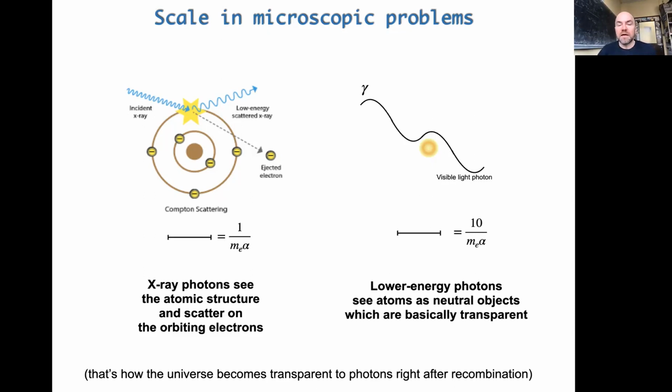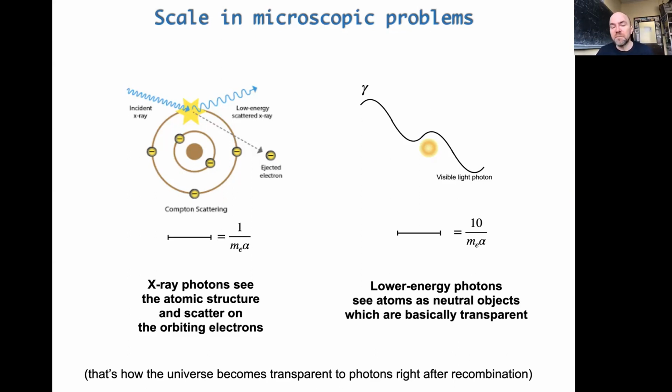So depending on which scale we are at, which energy scale, or equivalently which distance scale, we are seeing completely different physics. For high energies, we see a strong or important rate of interactions between the photon and the constituents of an atom. And if you're going to low energy, then these interactions shut off, and you see a completely different kind of object.